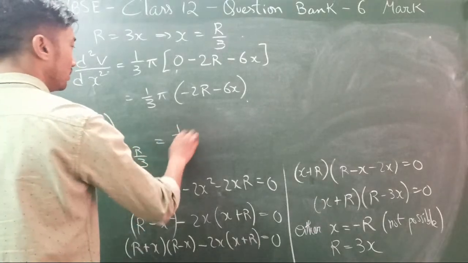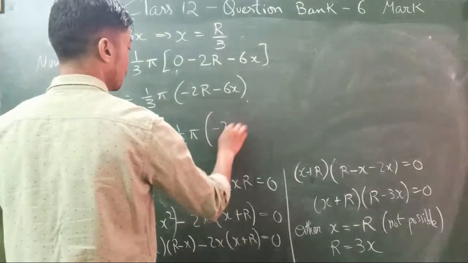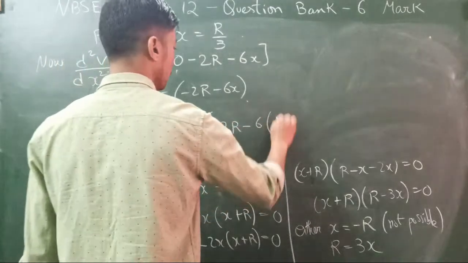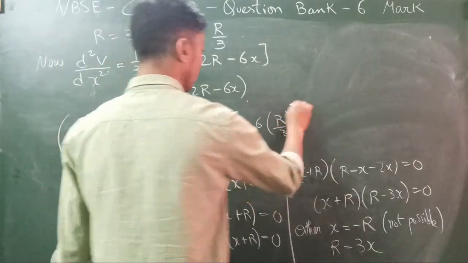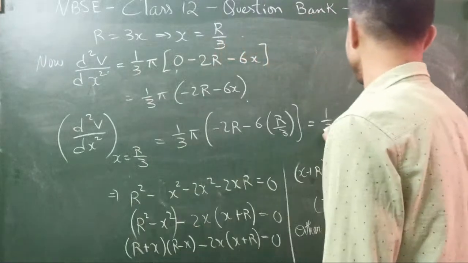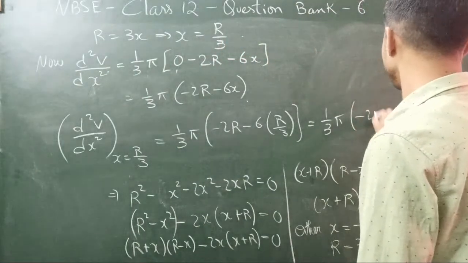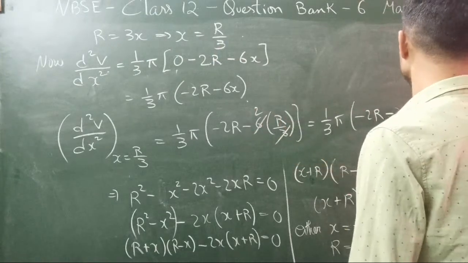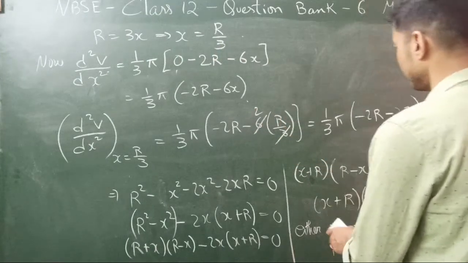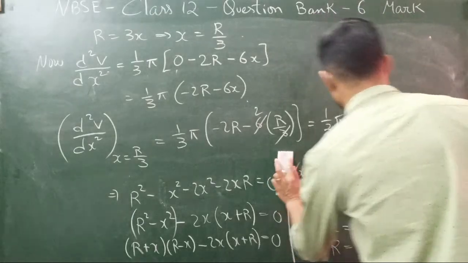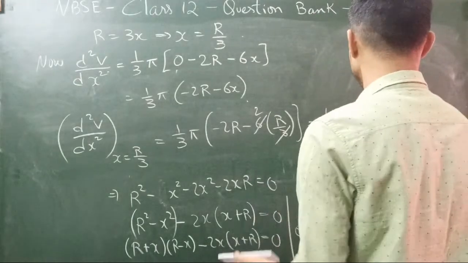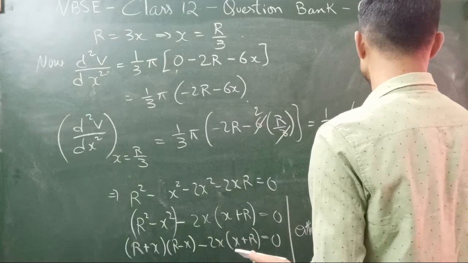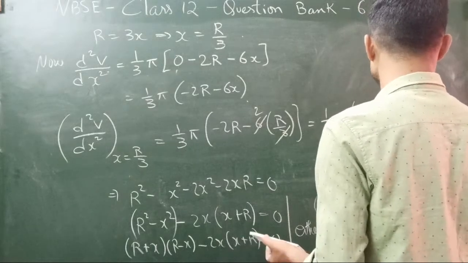So that's going to be 1 by 3 pi minus 2r minus 6 into r by 3. So that's 1 by 3 pi minus 2r minus 2r. So that is going to give me minus 4 pi r by 3.